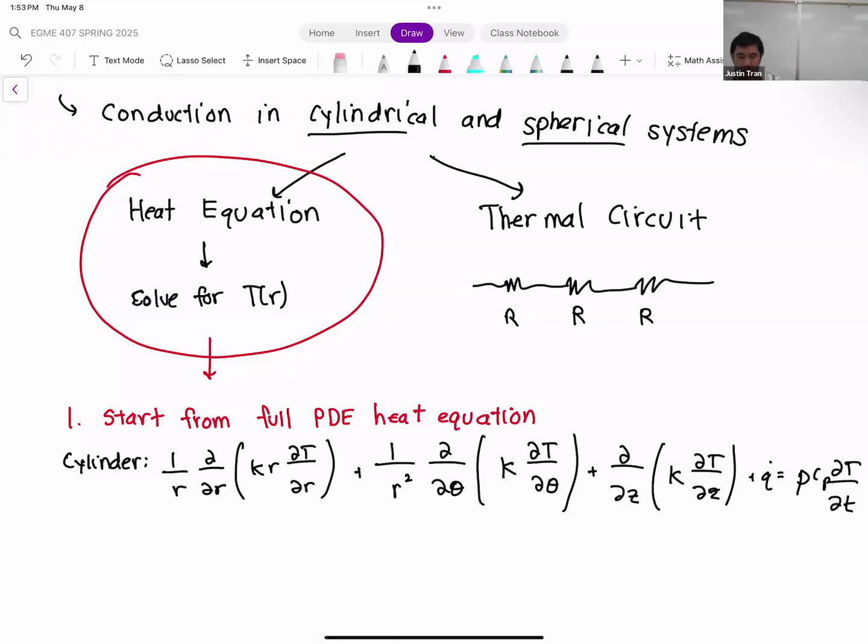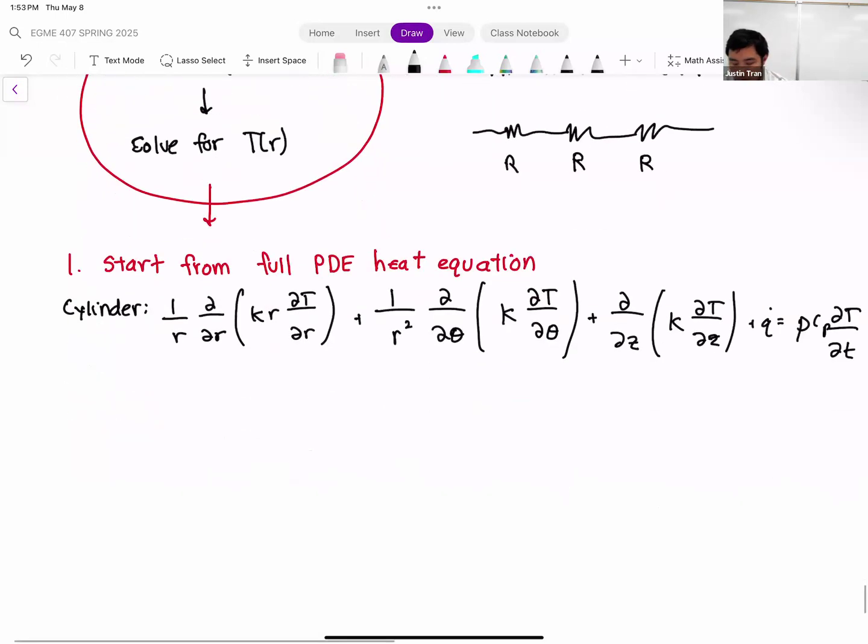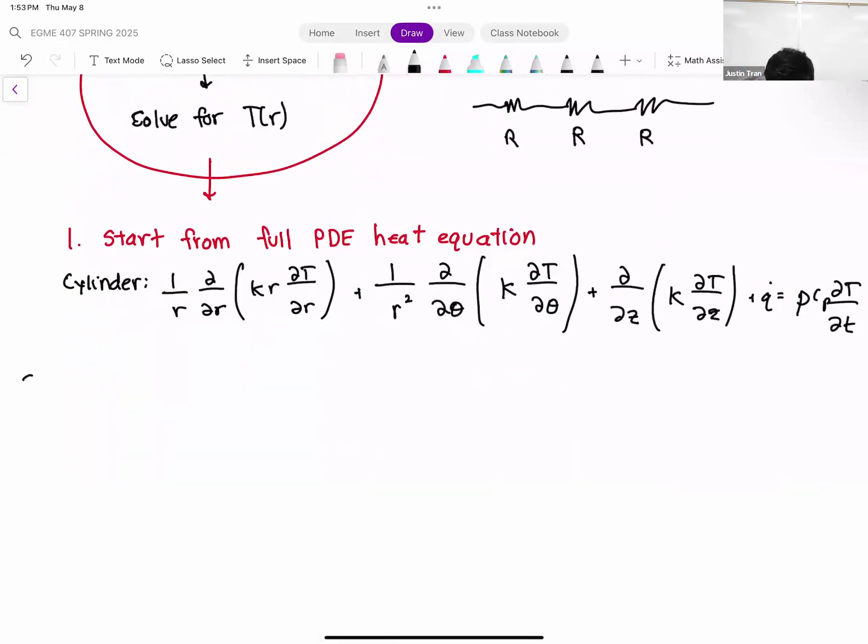So that is an equation I would definitely have on your note sheet, as well as the spherical one. So for spherical coordinates, it looks like the following.